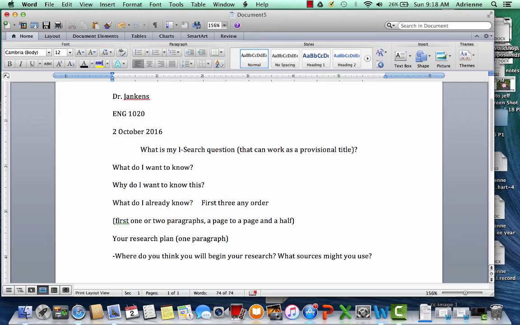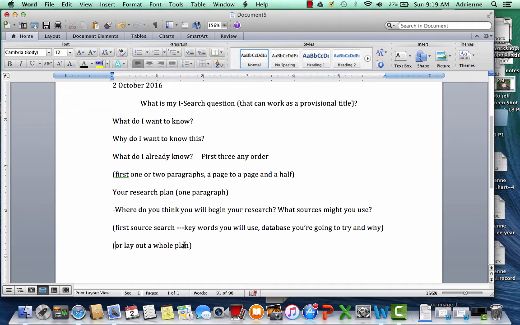One, you can just describe your first source, or you can lay out a whole plan. If you know what you're going to ask for your first source search, maybe keywords you will use or the database you're going to try and why you're going to try that database.